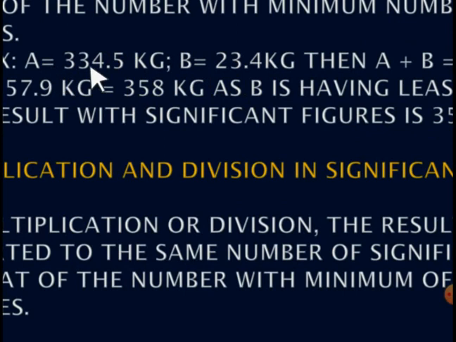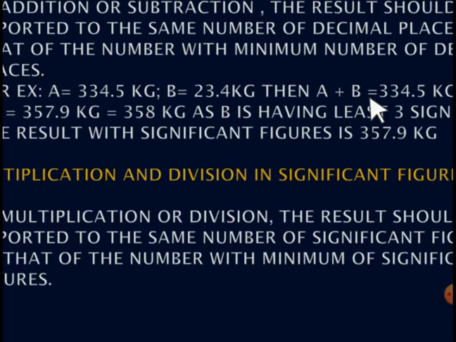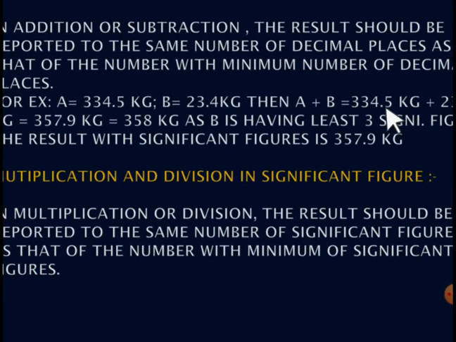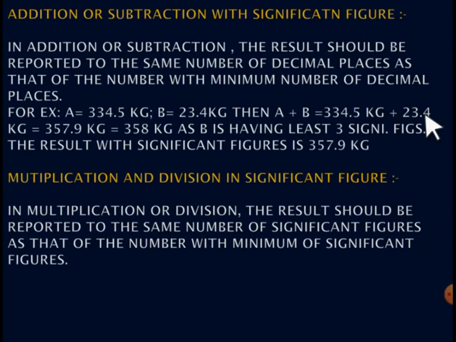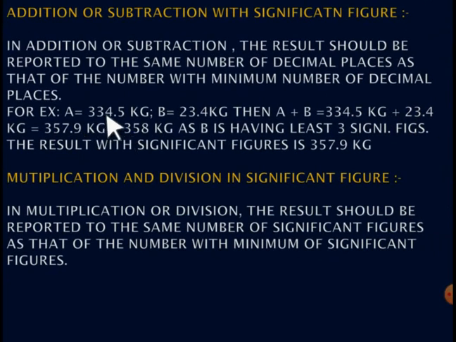When you add 334.5 plus 23.4, it comes out to be 357.9, right? But A has four significant figures and B has three, so the sum must also be expressed in terms of that minimum number of significant figures.